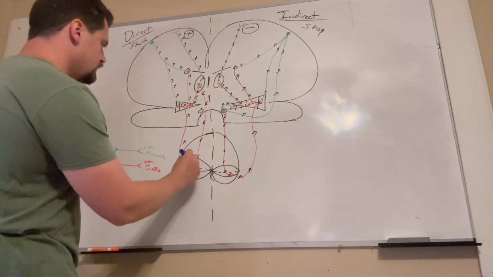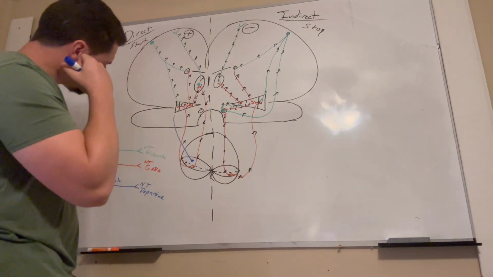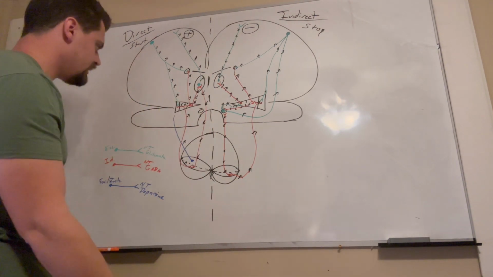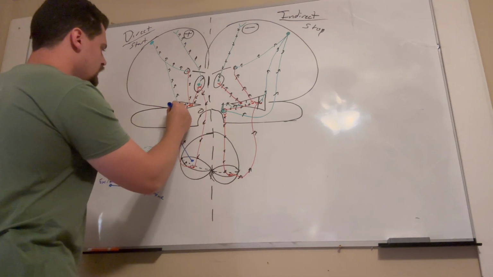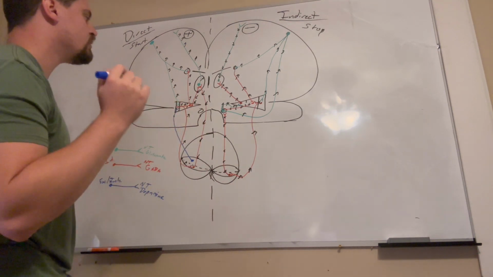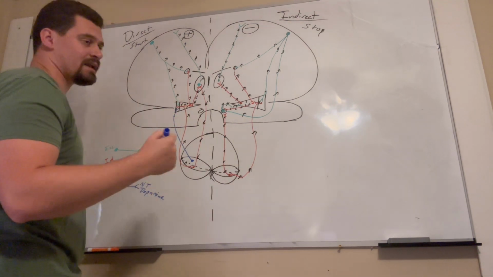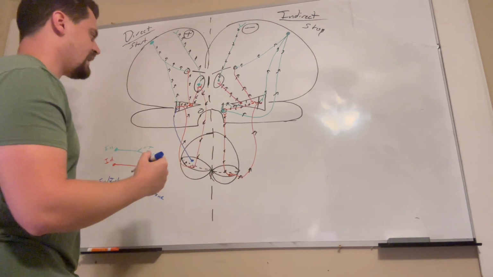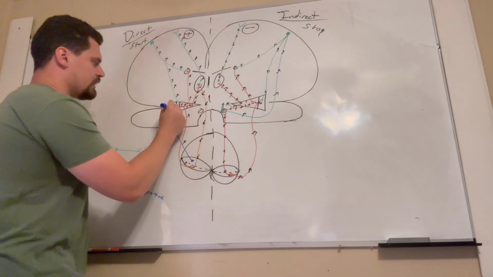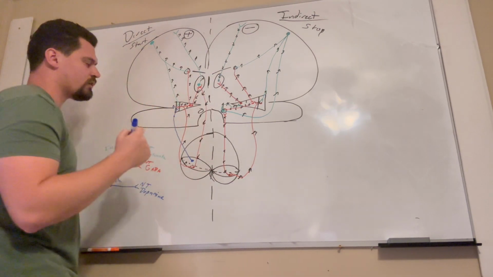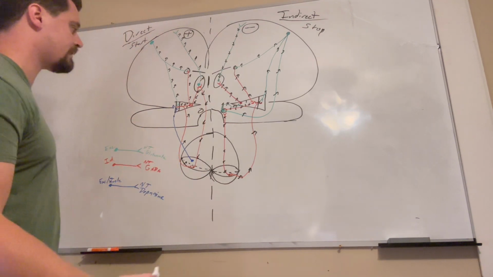So dopamine, whether it is excitatory or inhibitory, depends on what neuron it lands on, so what kind of receptors the receiving cell has. In the direct pathway, these neurons have what are called D1 receptors.